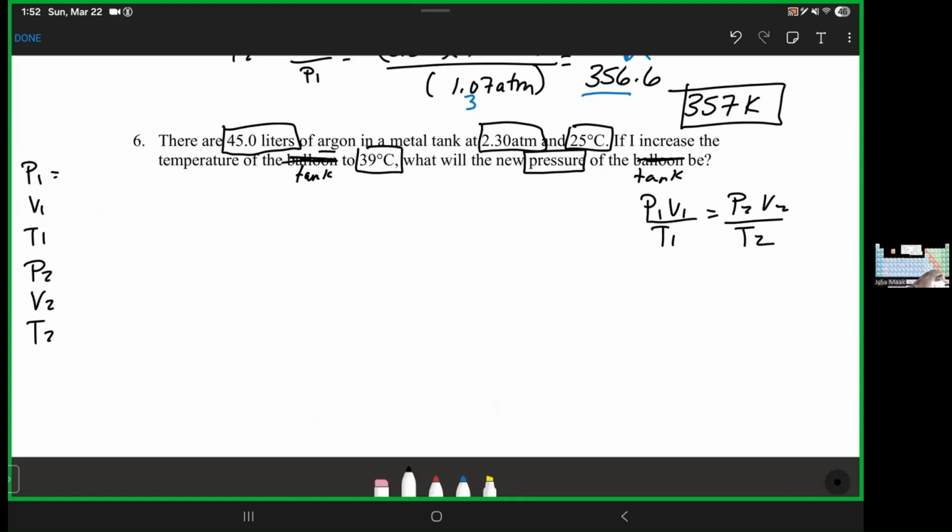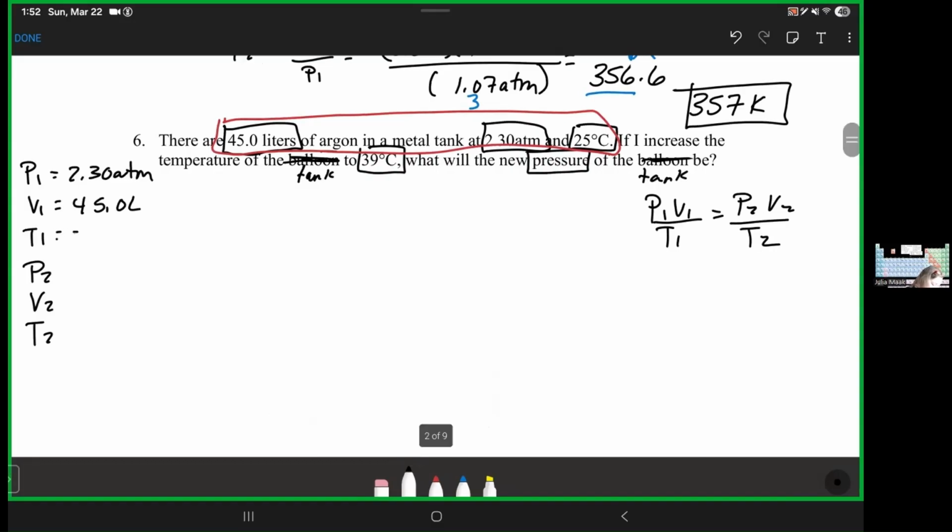Okay, so my first pressure. Okay, so you see how all of those go together. That's your first set of conditions. So I have 45.0 liters, I have 2.30 atm, and I have 25 degrees Celsius, but I need to add that 273. There's no decimals in my temperature, so I don't need to worry about the decimals on the 273. So that's going to be 298 K. Okay.